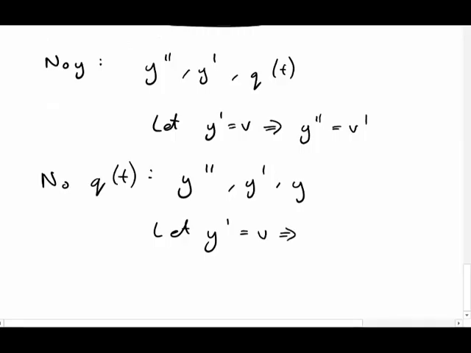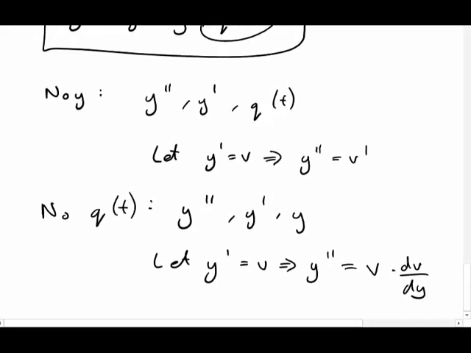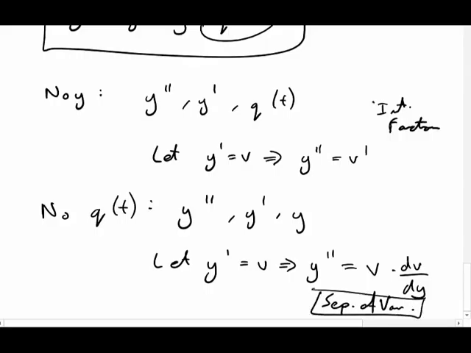And this time for y double dash, we had to use the chain rule to find out that y double dash was v dv by dy. If we make those 2 substitutions, then usually we can just use separation of variables. So this one was using integrating factor, and this one was using separation of variables.